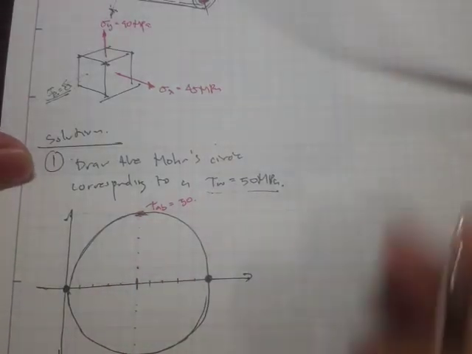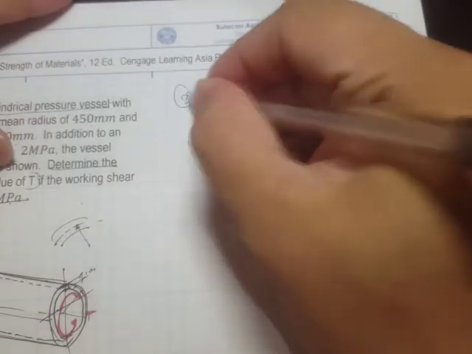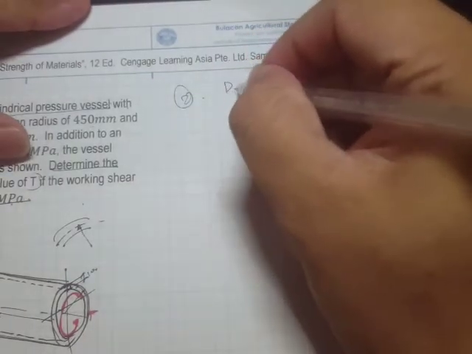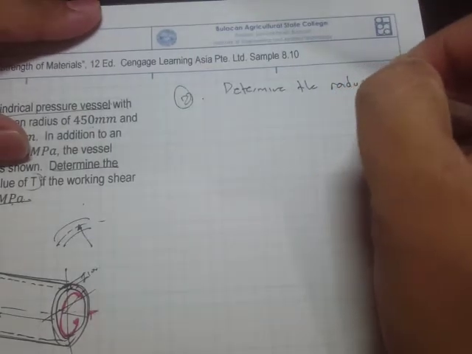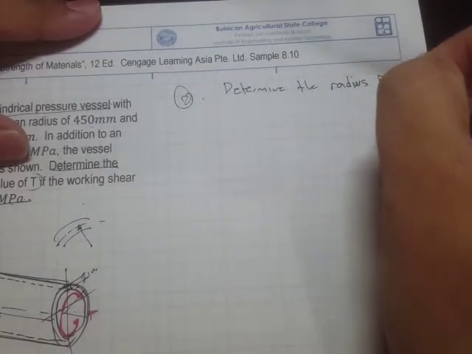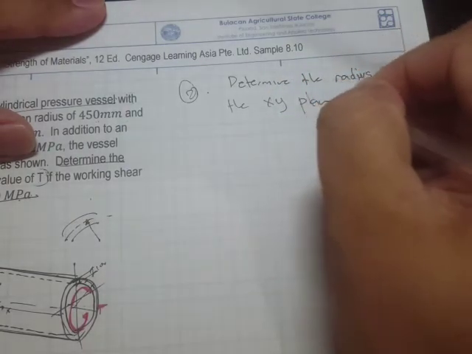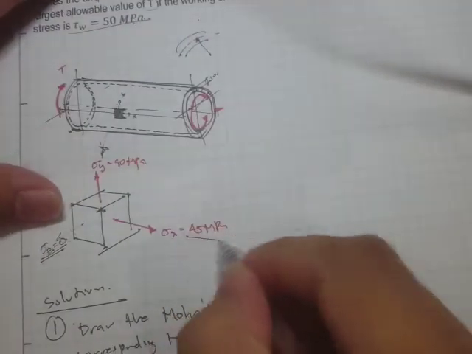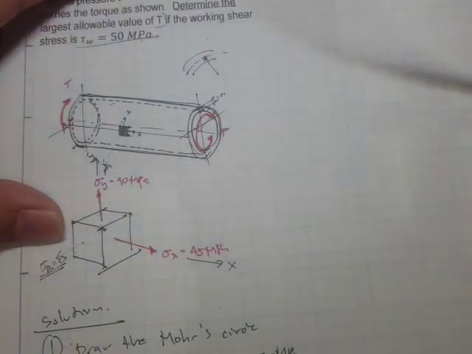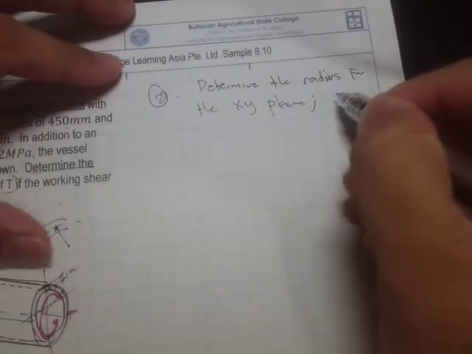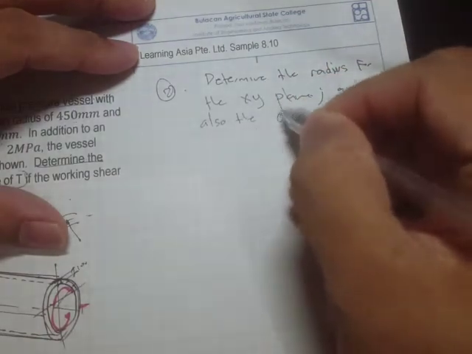Okay, so the next step is to determine the radius for the xy plane. So this is the xy plane. Let's write here x, and this is y, and also the average stress.